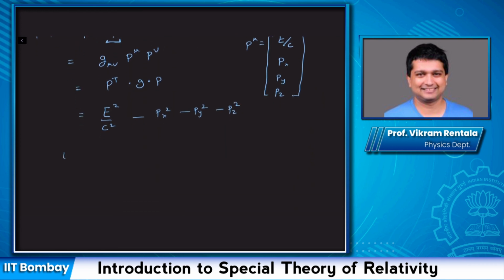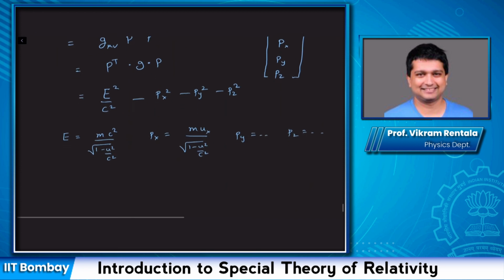If we plug in expressions for E, which was mc square over the square root of 1 minus u square by c square, and for px, which is m ux over the square root of 1 minus u square by c square, and so on for py and pz, then you would find that this dot product just gives you m times c, which is Lorentz invariant.